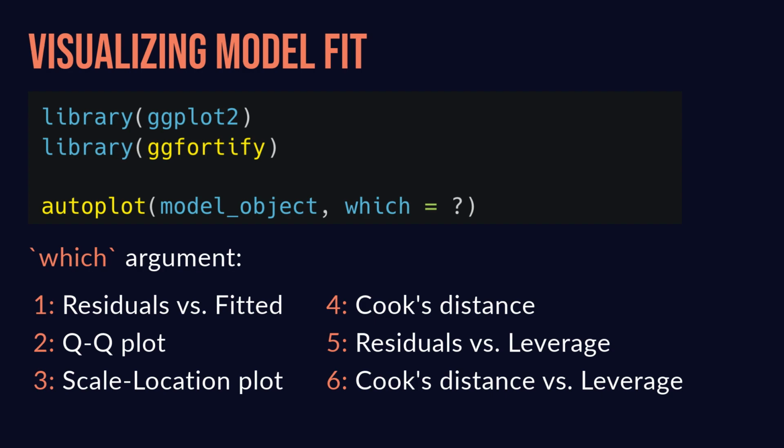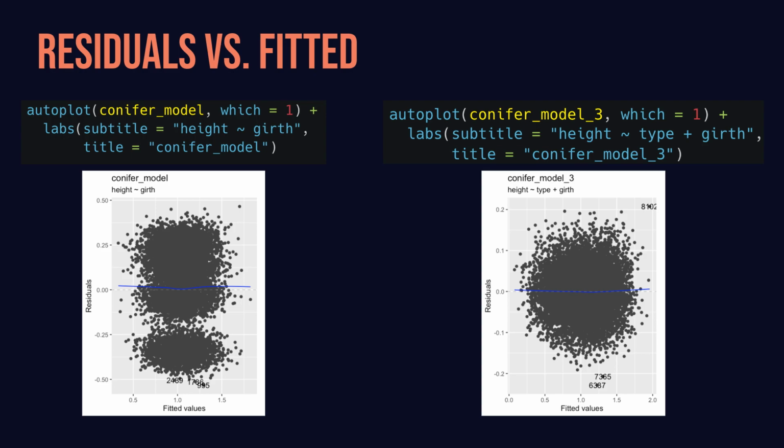Let's look at some of these plots one by one. If a linear regression model is a good fit, then the residuals are approximately normally distributed with a mean of 0. To help us visualize this, we can make a residuals versus fitted plot. To make this plot, call the autoplot function with the model object and specify the value 1 to the which argument.